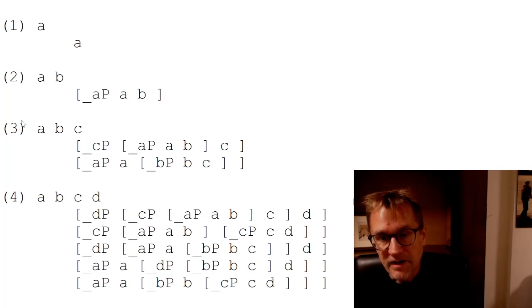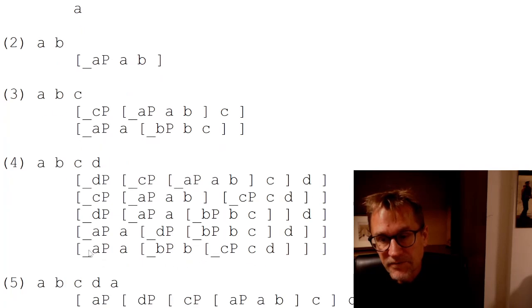Example 3, we have 3 elements, and it now finds 2 possible phrase structures consistent with that linear order. And this corresponds to the dog barks example that I looked at earlier. If we have 4 elements, it will find 5 different ways that could have been generated given those assumptions.